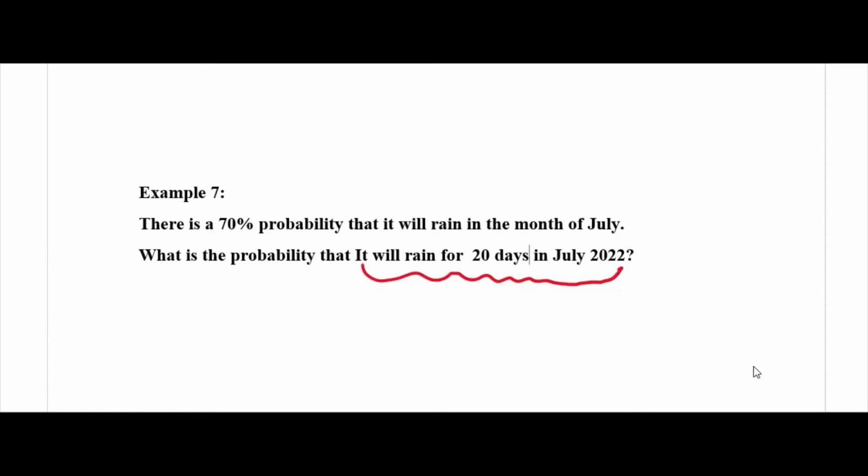You have to consider all the possible ways. In this case also, n will be 31, p will be 0.7, q will be 0.3. x is the number of successes, so the number of days it will rain.